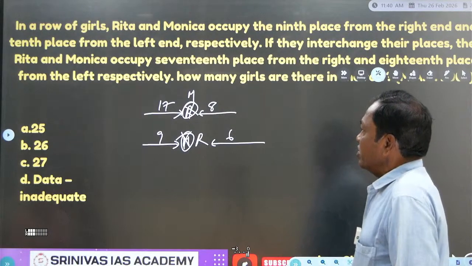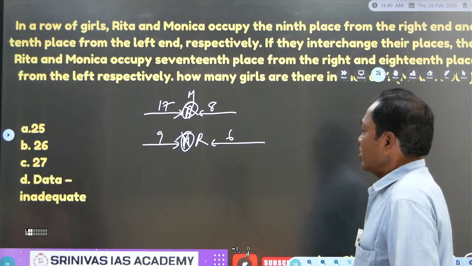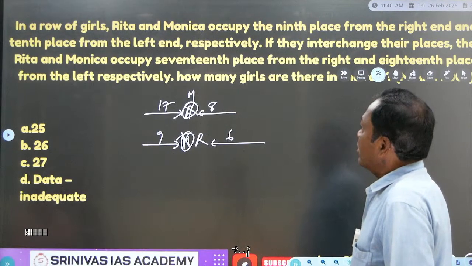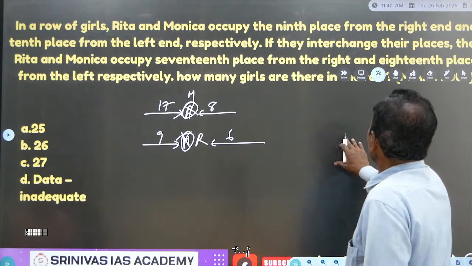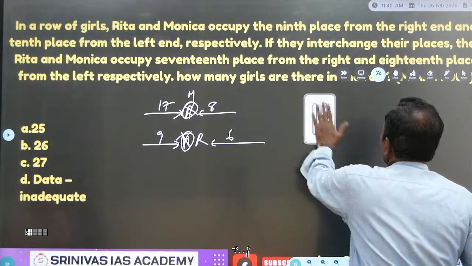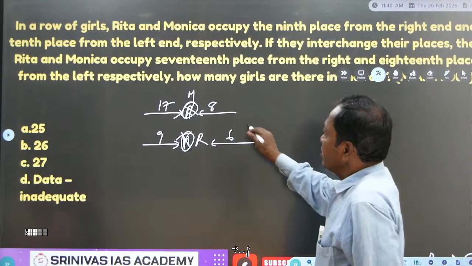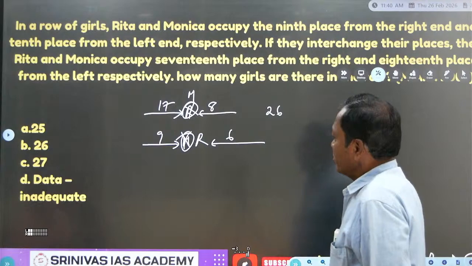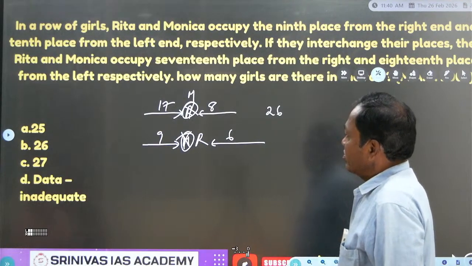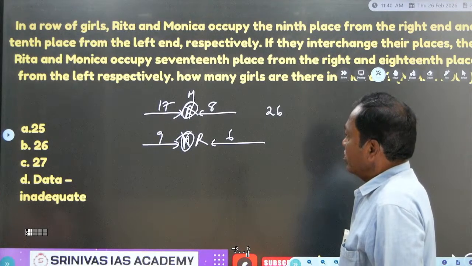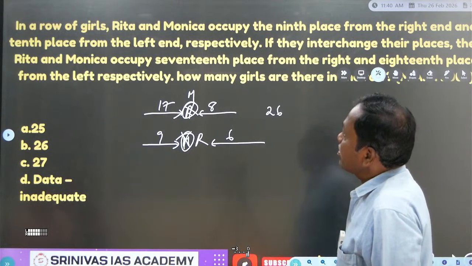Now what is the total? Now we can see 18, this is 26. Something is wrong.